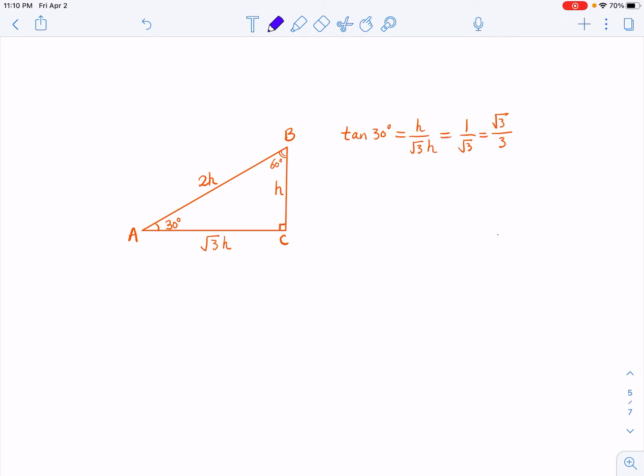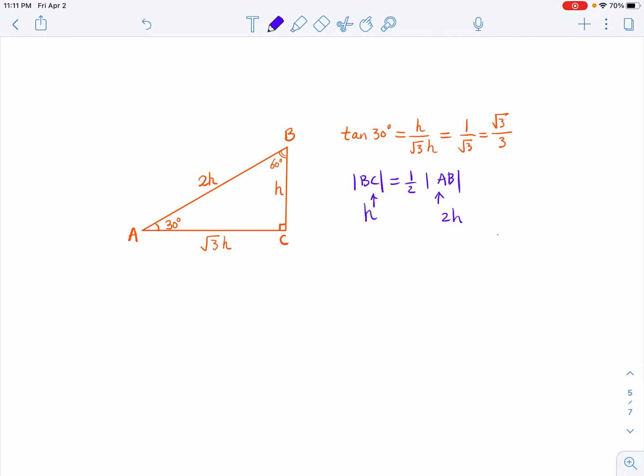So we know that in this case, the length of BC is half the length of AB. In other words, if BC equals H, then the other one would be 2H.